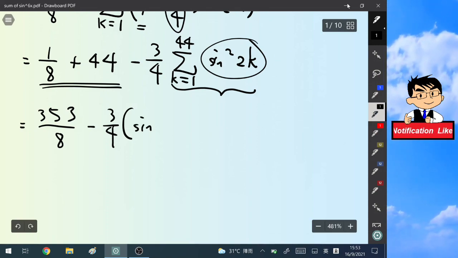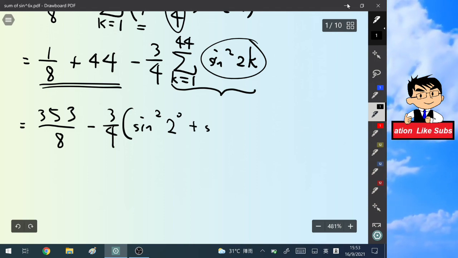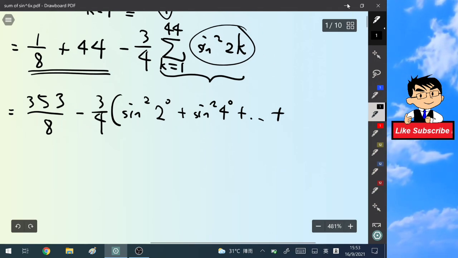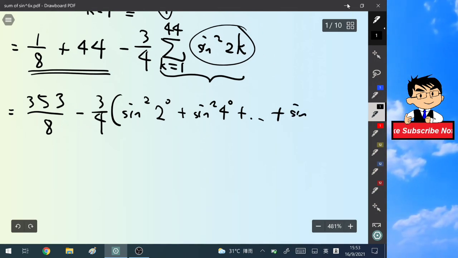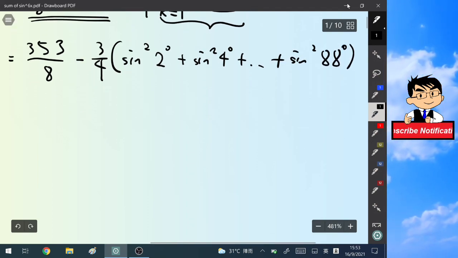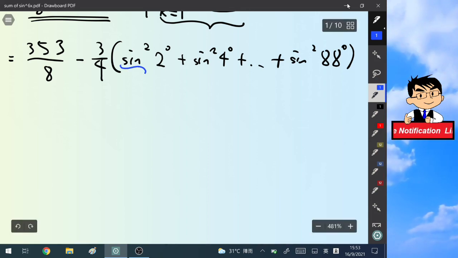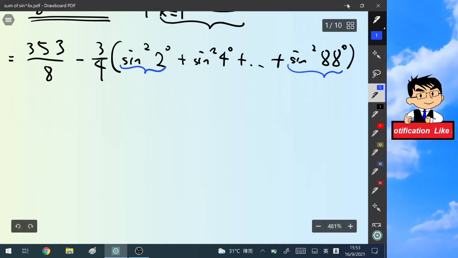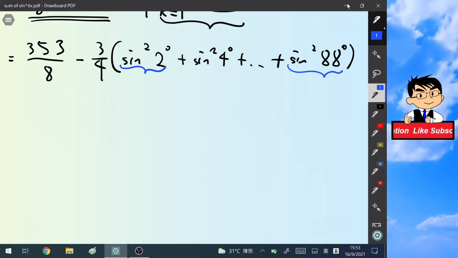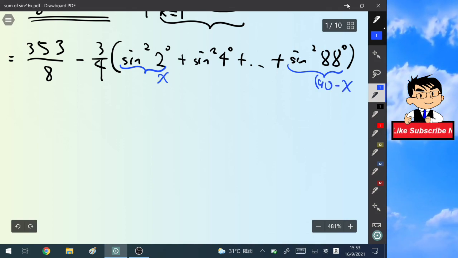It's sine square 2 degrees, and then plus sine square 4 degrees plus until in the end sine square 88 degrees. So this pattern is very similar to our previous work, because the beginning and the end, they are the same format as the sine square x and then sine square 90 minus x.